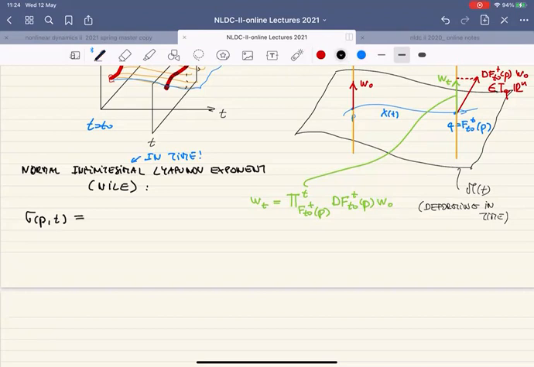And the way it's defined is the limit of the time. This is the time that has elapsed. So at this point, I will rewrite the difference between the two.